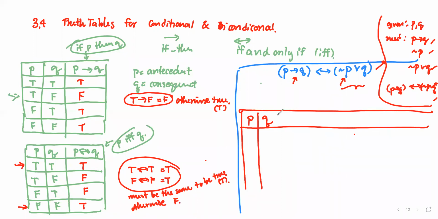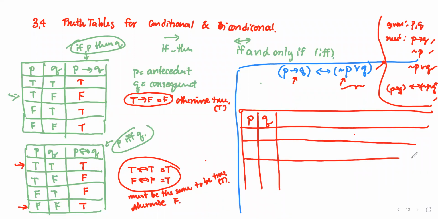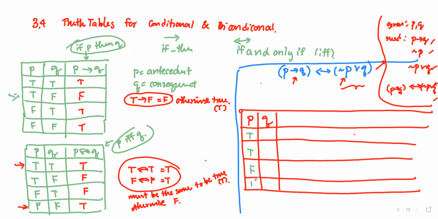Okay. So starting with the P, Q columns, by default, we have 4 combinations. And the truth values, true, true, false, false, true, false, true, false. And then we're gonna build the next column, which is the column for P then Q. That's one of them.